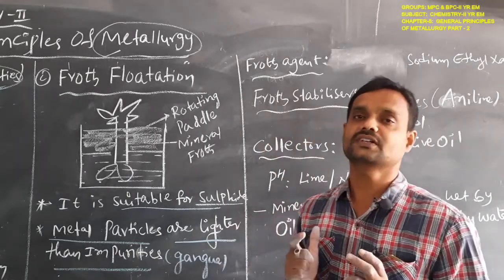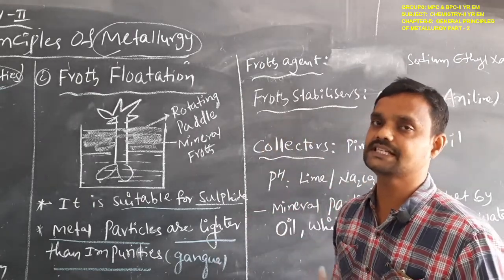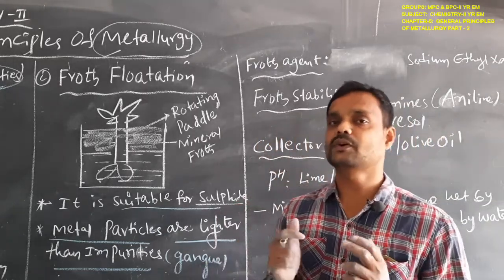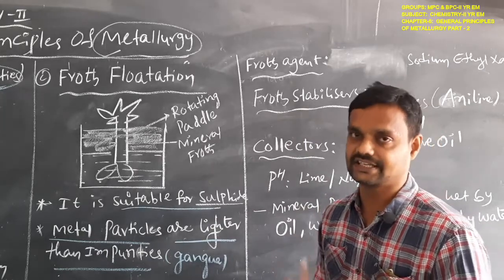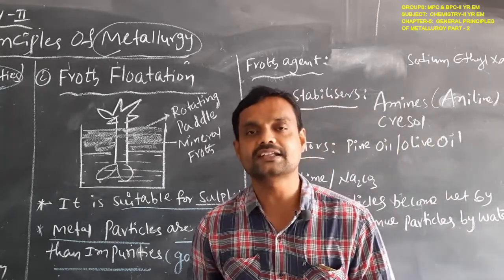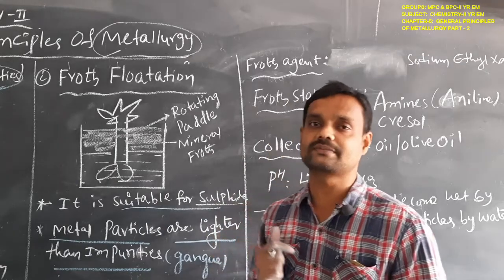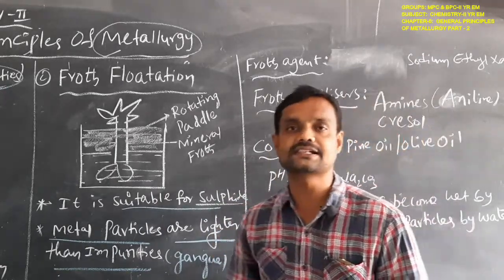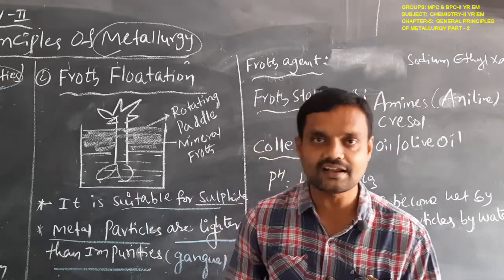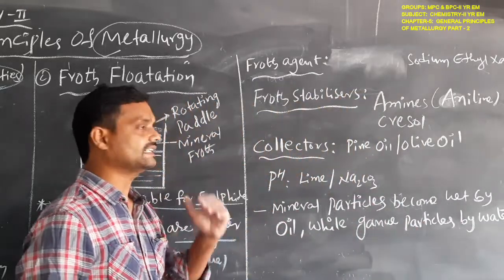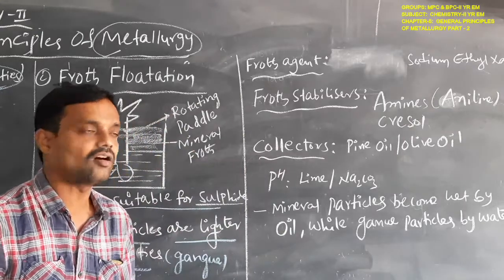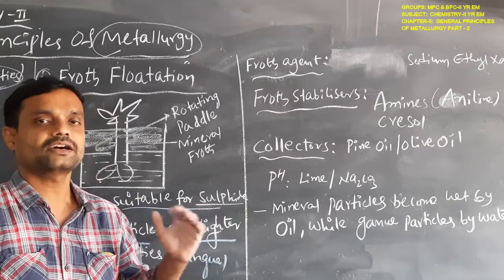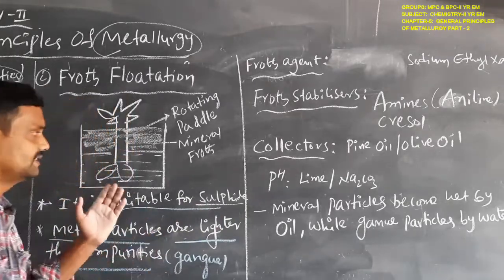Simple. What does froth flotation mean? It is applicable only for sulfide ores. The powdered sulfide ore is taken in a vessel. To that vessel we add the frothing agent like sodium ethyl xanthate, froth stabilizers like amines, aniline or cresol, collectors like pine oil or olive oil, and lime or sodium carbonate to maintain the pH.